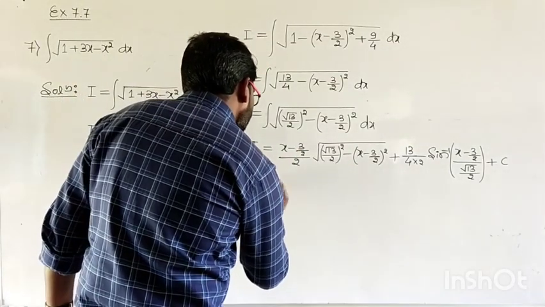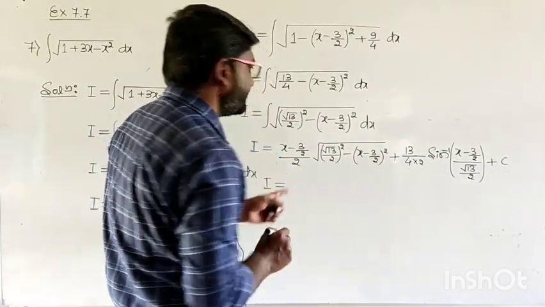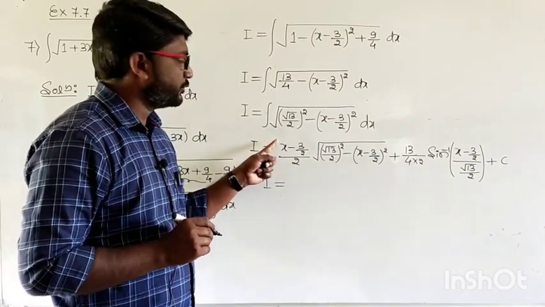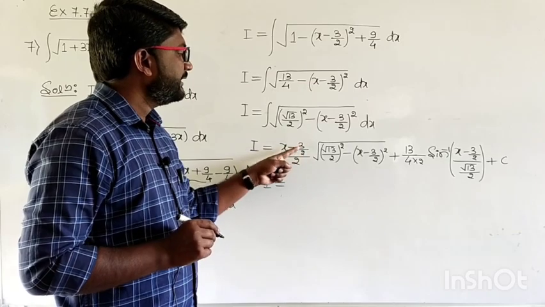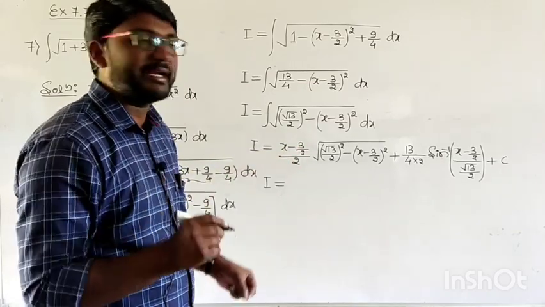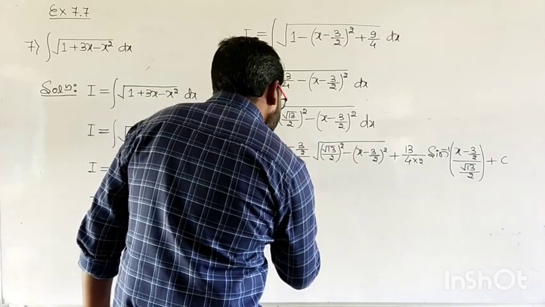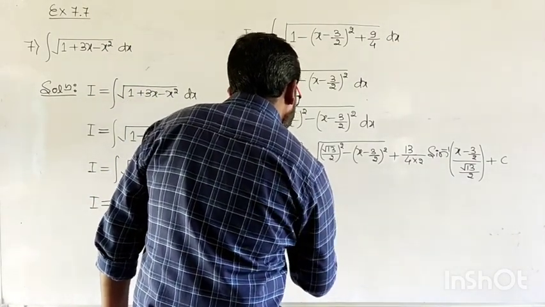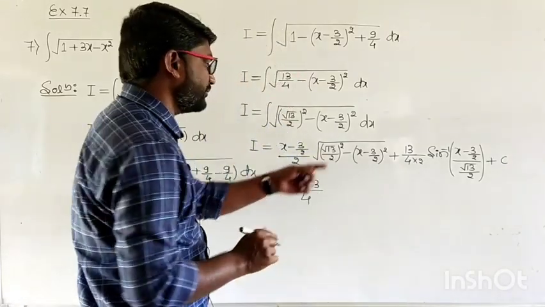I is equal to, see here we have to take up the LCM. 2 will be multiplied with x, we get 2x. 2x minus 3 divided by 2, whole divided by 2. These two will be multiplied, 2 into 2 we get 4. So 2x minus 3 divided by 4, then square root of.